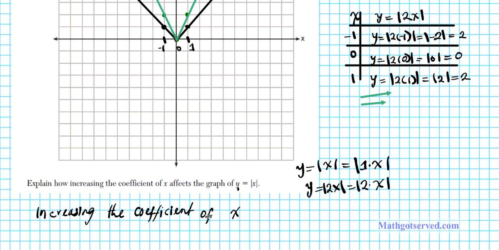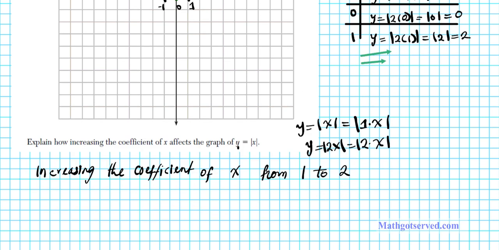So increasing the coefficient of x from 1 to 2, what did it do to the graph? It caused the graph to compress horizontally, okay?